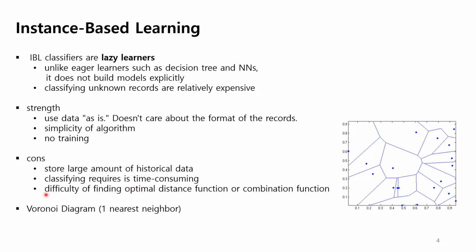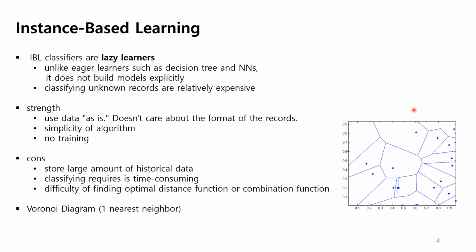Another drawback, as I mentioned in the previous slide, is that there are two main issues in instance-based learning: the distance function and the combination function. Sometimes it is a little tricky to find the optimal distance function or combination function. So these are the strengths and drawbacks of instance-based learning.